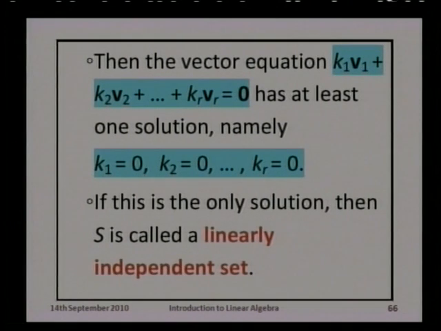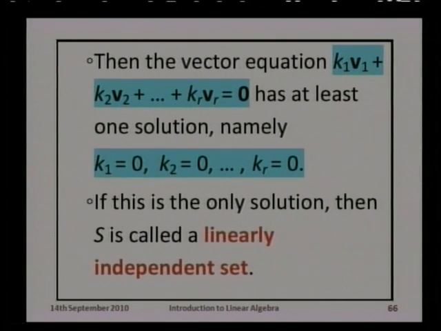You can very easily check that the equation has a solution, namely k1 equal to 0, k2 equal to 0, up to kr equal to 0. If we take these scalars as 0, then certainly this equation will be satisfied.